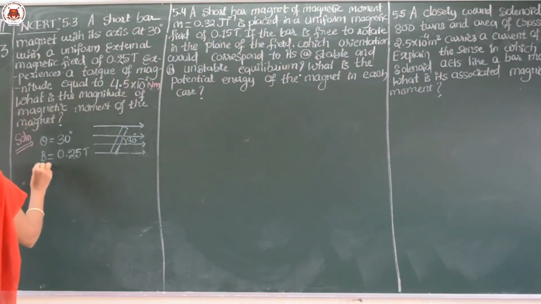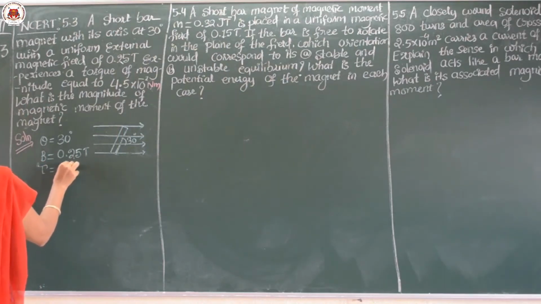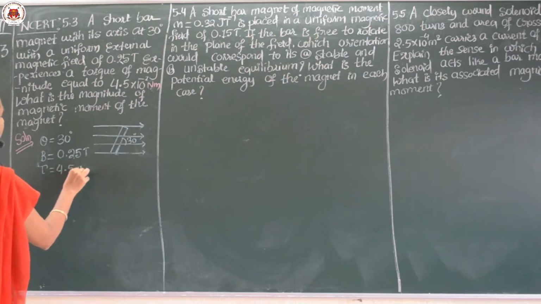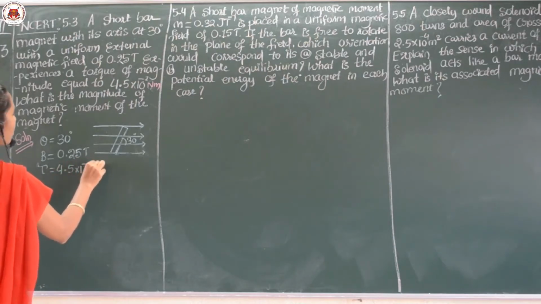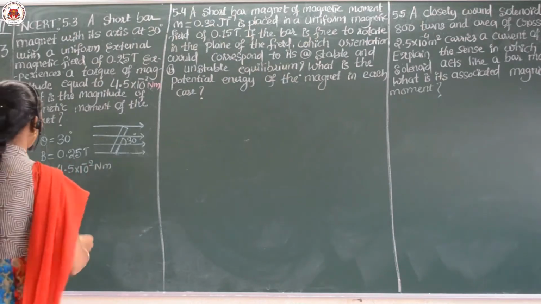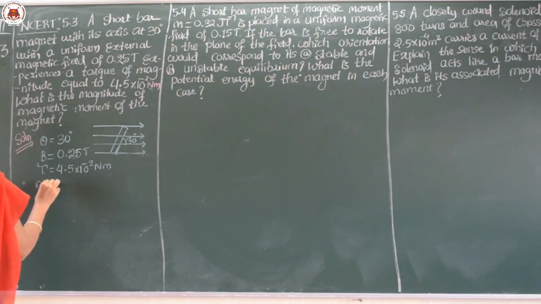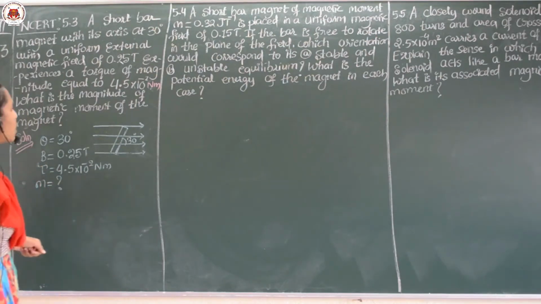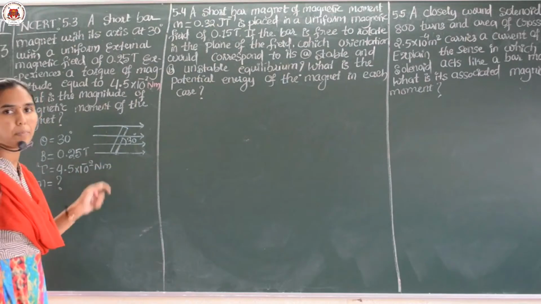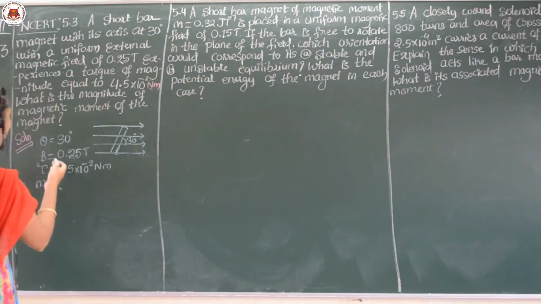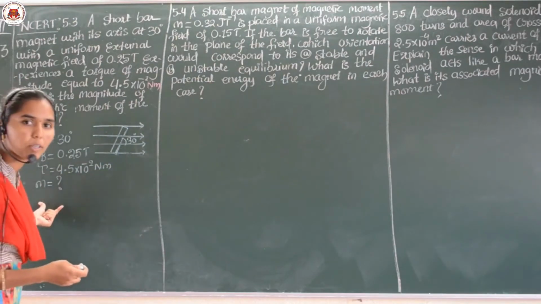And it experiences a torque tau equal to 4.5 into 10 raised to minus 2 Newton meter. Now what is the question? We need to calculate the magnetic moment of the given bar magnet. Which formula is suitable to find the m value here?